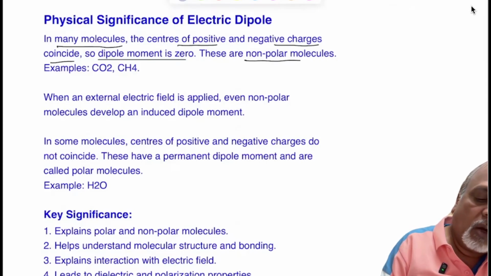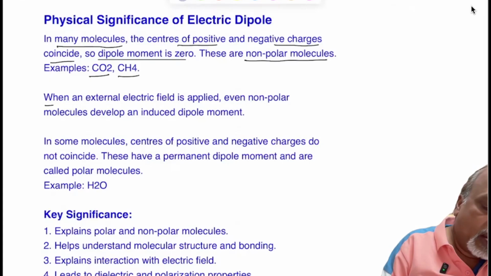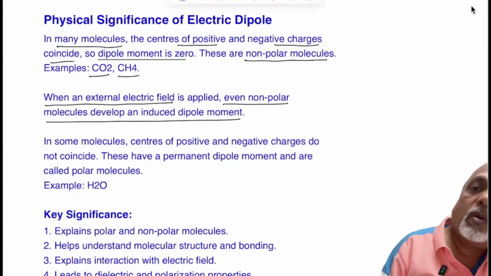So there are non-polar molecules like CO2 and CH4. Correct. But when an external electric field is applied, even non-polar molecules develop an induced dipole moment.